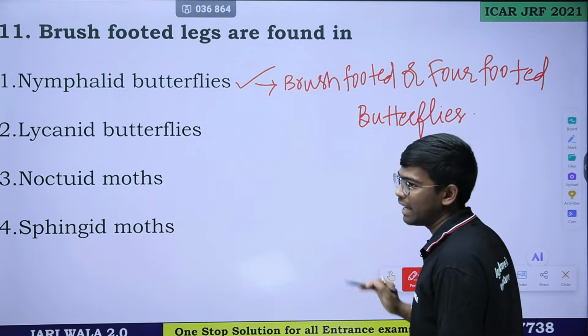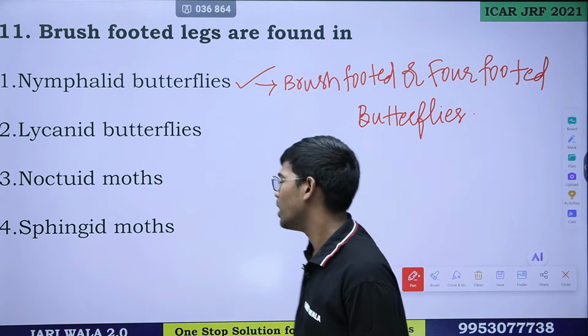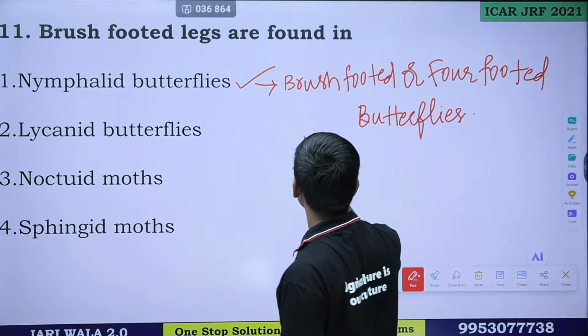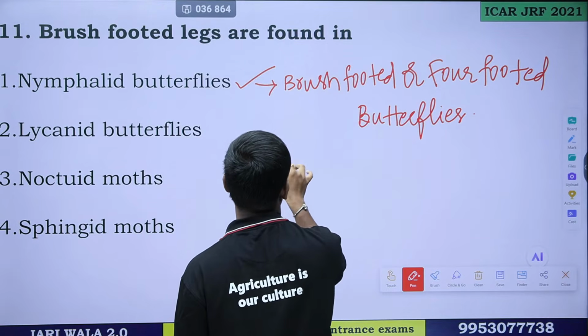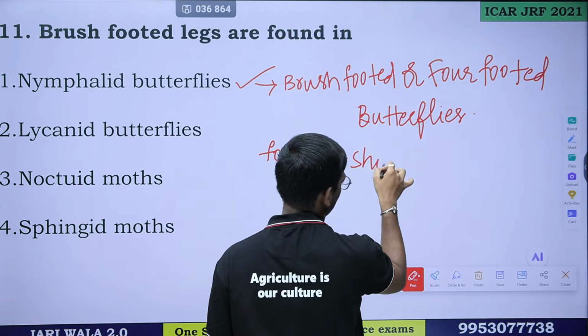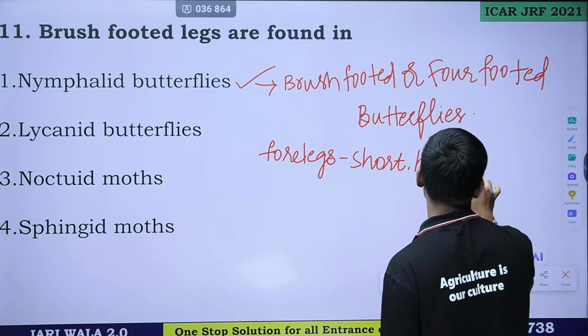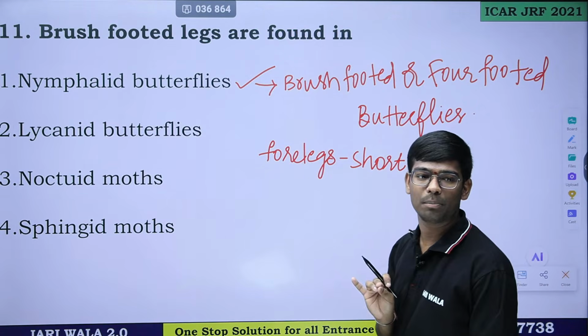Okay. Here, we know insects have 3 pairs of legs. So what happens in the thoracic legs now? The first 2 legs are short and hairy. Mainly the tibia will be very hairy.